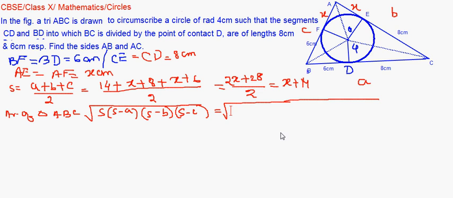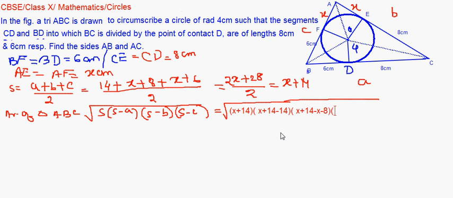Along with that, I have minus a, so it is X plus 14 minus 14 again, because a was 14, and again in the bracket it is X plus 14. Now b was 8 plus X. If I remove the bracket, it becomes minus X minus 8.